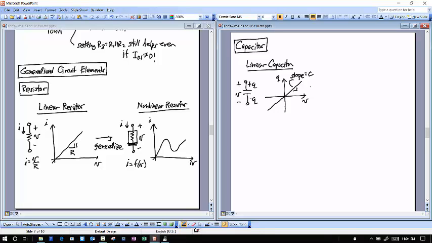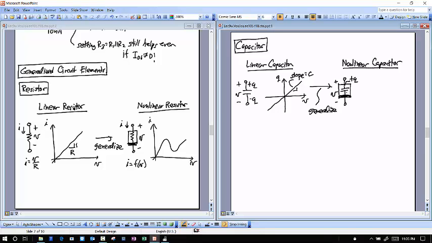Okay, by the same token, I can generalize this to a nonlinear capacitance. A nonlinear capacitor is going to take on that same capacitor symbol, except again with a little box around it, and denote which is the negative terminal that will apply the voltage across.